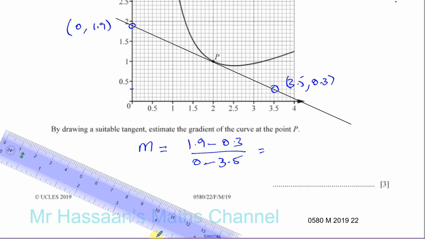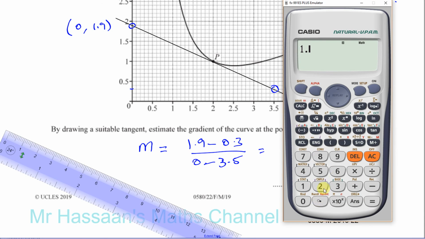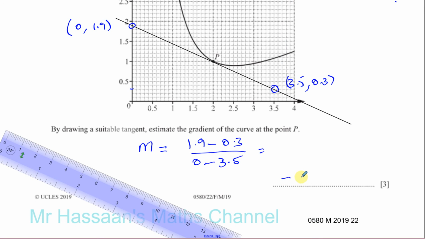Let's see what that gives us. 1.9 minus 0.3 over 0 minus 3.5 gives us minus 0.457, so minus 0.4571. Now we can see this has got a negative gradient, so it looks like it's correct.